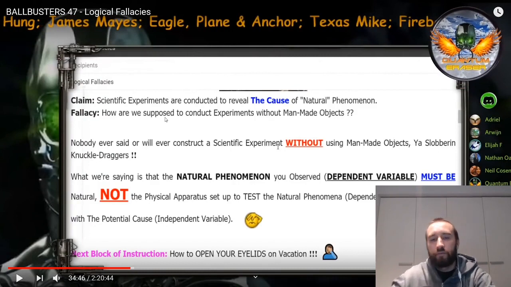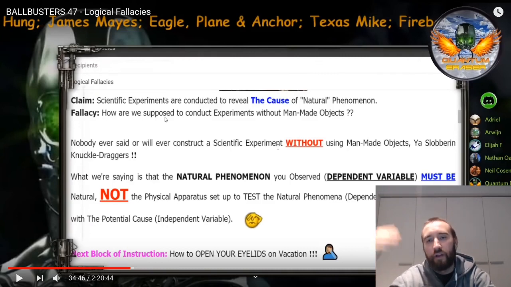Okay, so the definition of this fallacy is okay. I don't basically have anything to say about that. That is what the Strawman fallacy is thought to be.